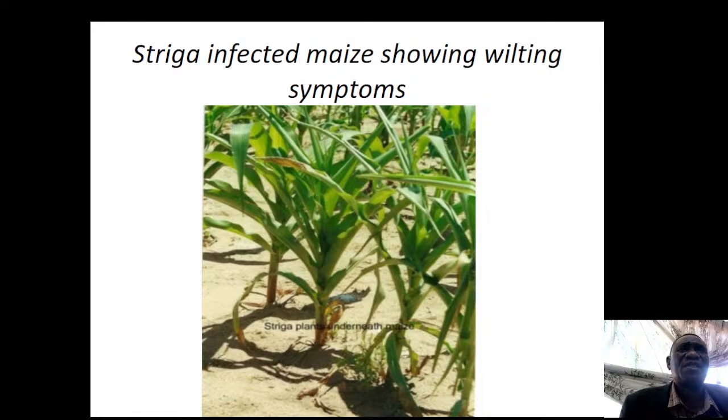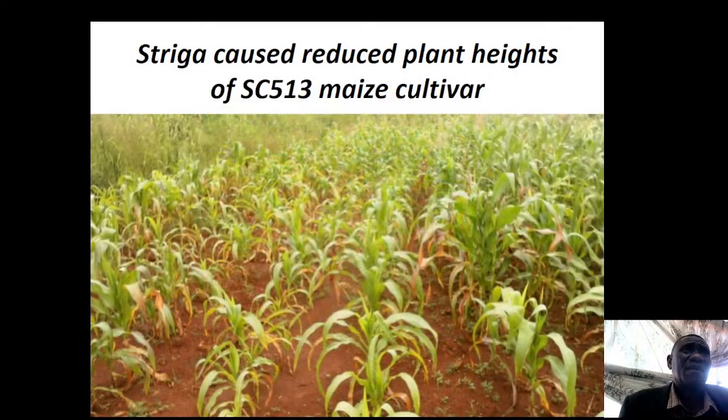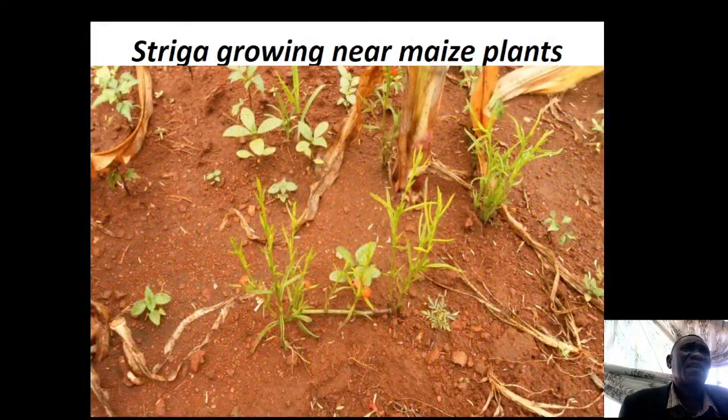These are typical symptoms of striga infection. Here we've got SC513 maize cultivar, which was affected by striga on heavy soils. Again, you can see some striga plants near the maize.